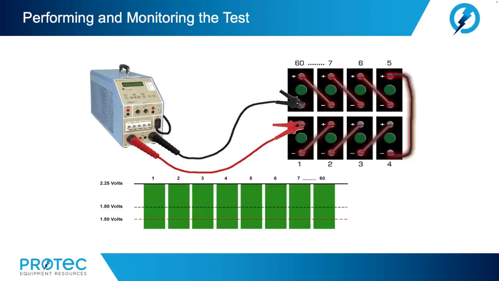For NiCad batteries, the test should be stopped if any cell falls below 0.7 volts. The test can be interrupted, the weak cell can be jumped out, and the test can be resumed. If many of the cells are failing, it is best to end the test and recommend replacing the battery bank.